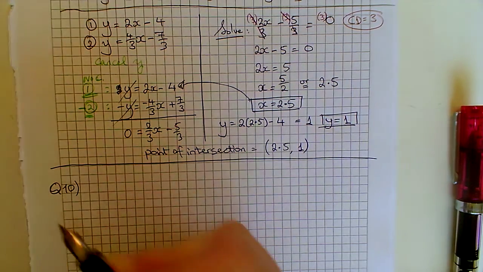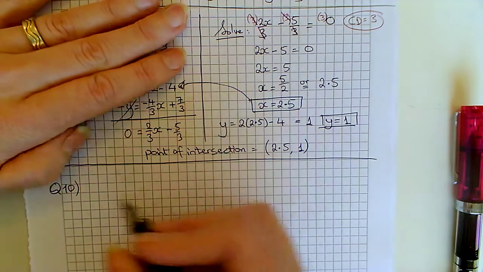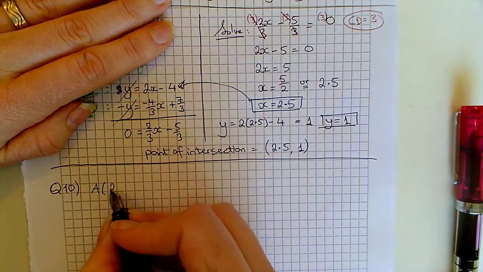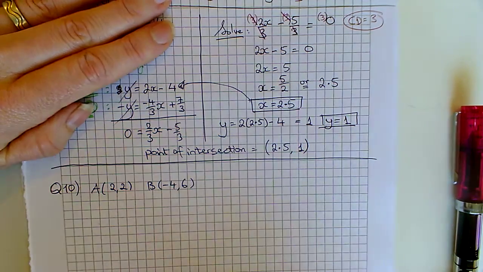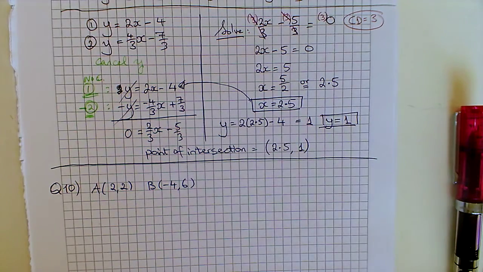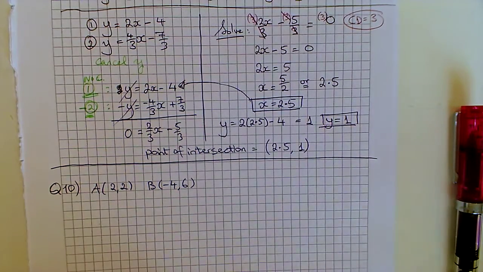Now, question 10. We're given 2 points, A, which is 2, 2, and B, which is minus 4, 6, and we're asked to plot those points. So when I'm plotting these, I'm going to use a fresh sheet of paper, just so I've got plenty of space.